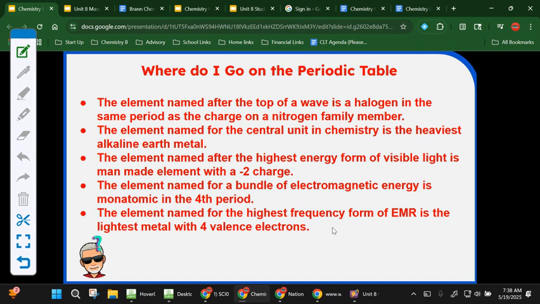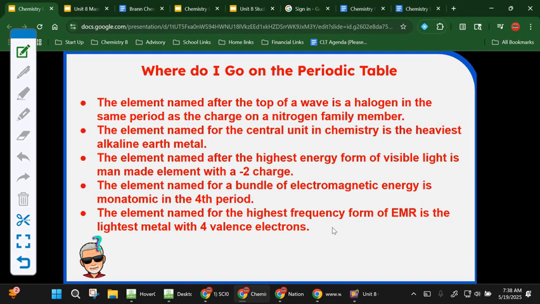Now, we did take some notes the other day, and I'll let you take a photo of them, where these are for trends that go up and down a family. Okay? So the things that we put on here describe things that go up and down a family. On the back side, when we put some things on here, there are going to be things that go across a period. Trends.